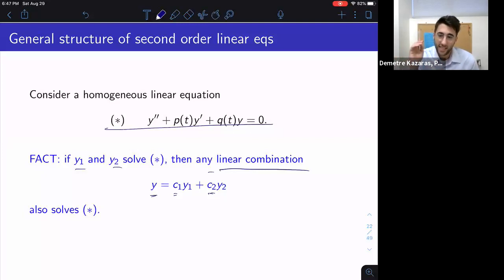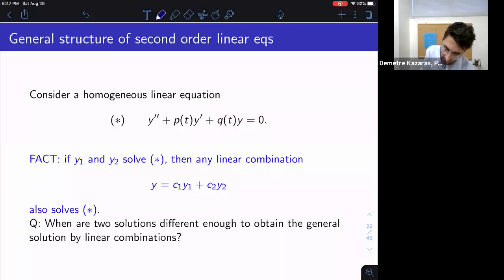The fact that a linear combination of any two solutions is another solution. Okay, so we know we can do this, and we know that generally speaking, we need to specify two numbers in order to specify a solution uniquely.